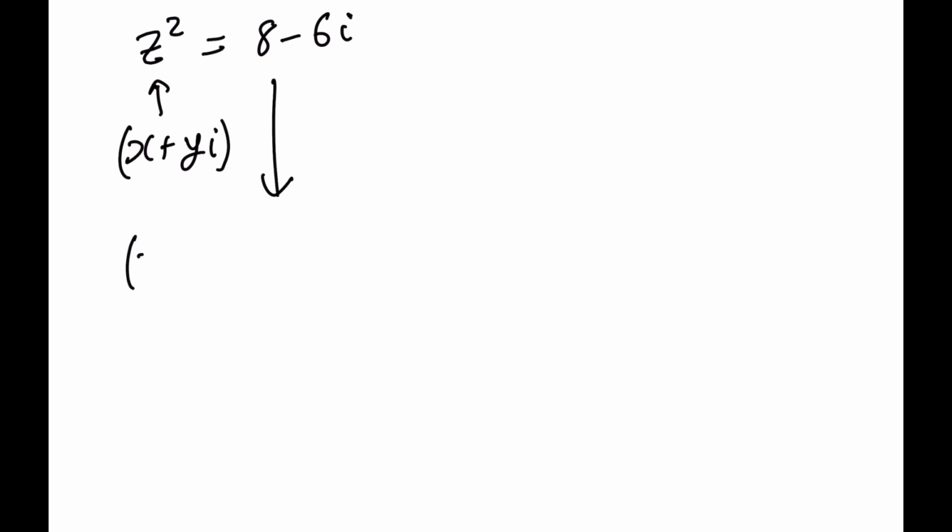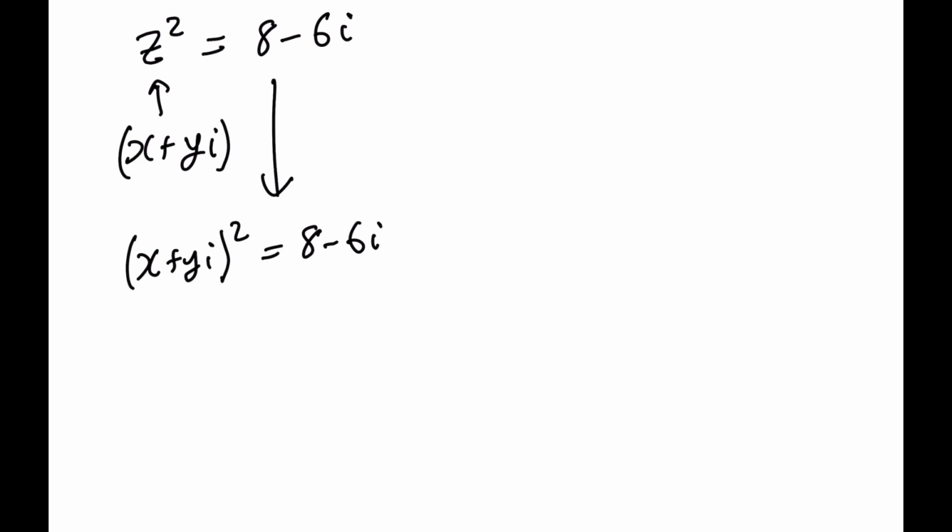Say we have a complex number z squared is equal to 8 minus 6i, which is another complex number. So to solve for z, we could write z in terms of x plus yi. If we substitute this into the equation, we'll get (x plus yi) squared is equal to 8 minus 6i.